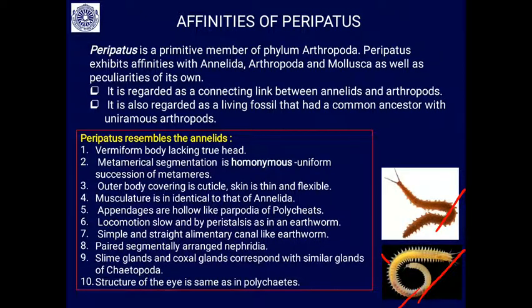The slime gland and coxal gland have corresponding glands in the polychaeta, chaetopoda. With so many features, eyes and others, it looks like a marine polychaete worm. The polychaeta is the class of annelida you have studied, so the features resemble that.